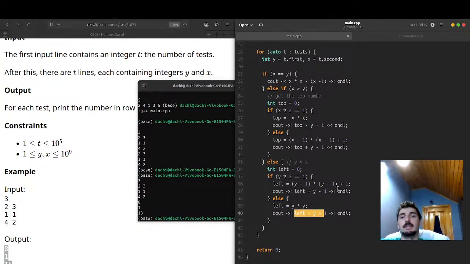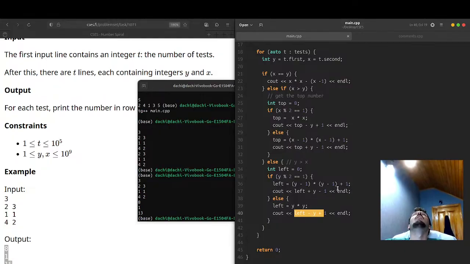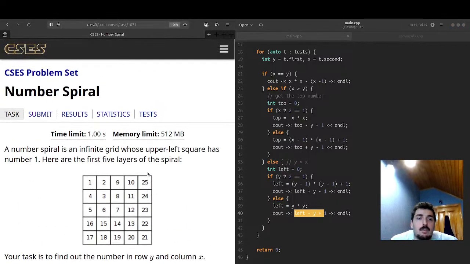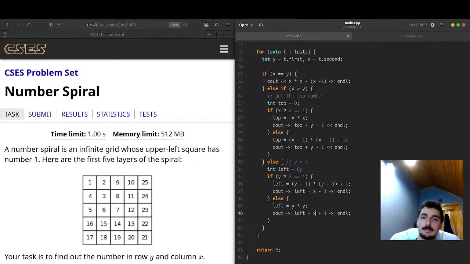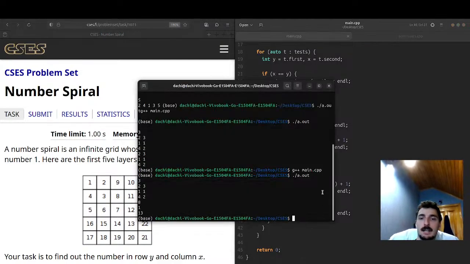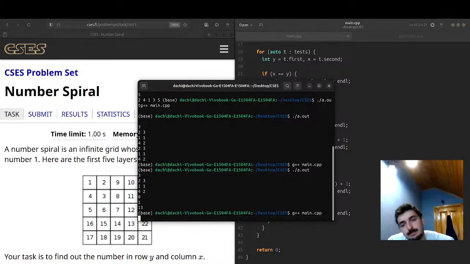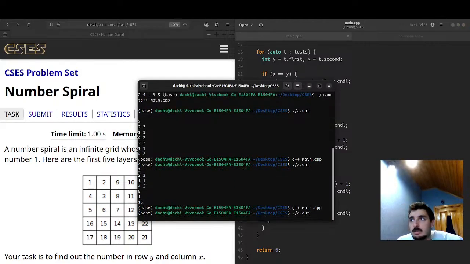But one mistake. It was 15, and I said 13. It should be X here. X. I think this is now correct. A cout.